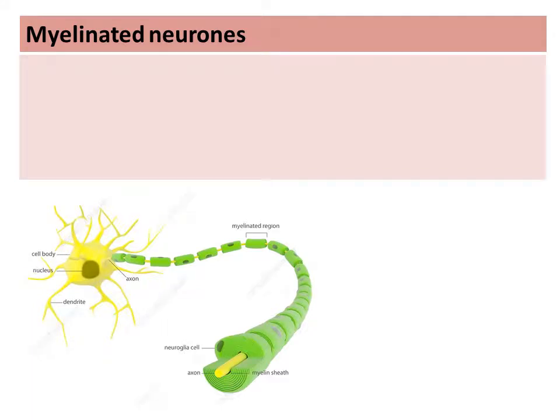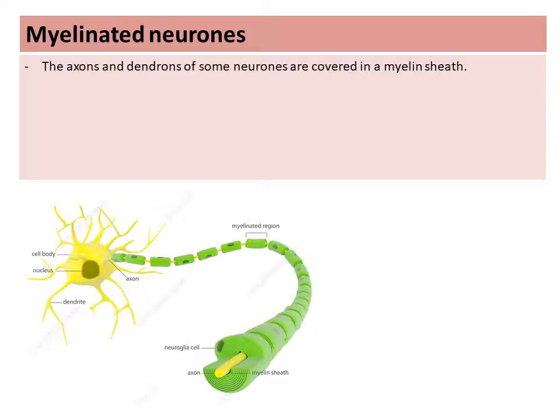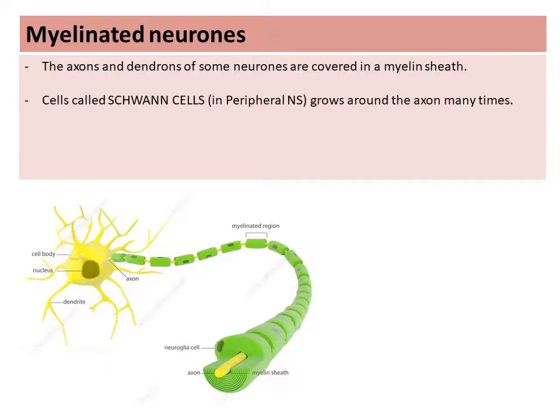One of the most important features of all neurons is the presence of the myelin sheath. So we'll have a look at this in a little bit more detail. Axons and dendrons of quite a lot of the neurons have this myelin sheath on them, and it's formed by cells called Schwann cells, and this is particularly found in the peripheral nervous system.